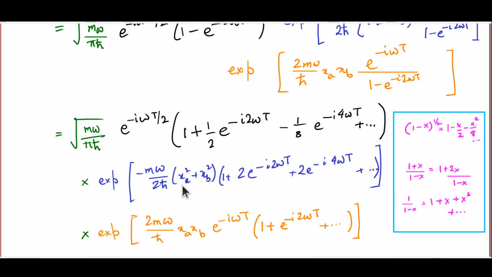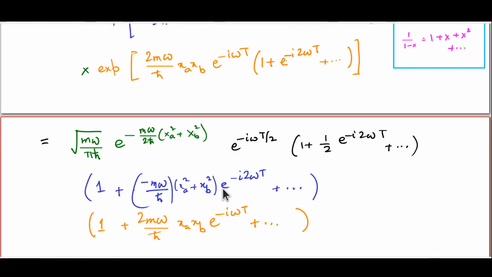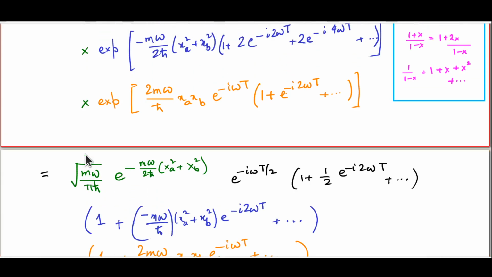Now, you notice that this is a purely spatial term which you can take out, e to the minus m omega by 2 h cross into (xa square plus xb square). That is the one which goes with the 1 here, which has no time dependence in it. Of course, you have other time dependent terms, and so when you pull them all together, you can write the overall normalization factor root m omega by pi h cross times e to the minus m omega by 2 h cross into (xa square plus xb square). So that's this term here.